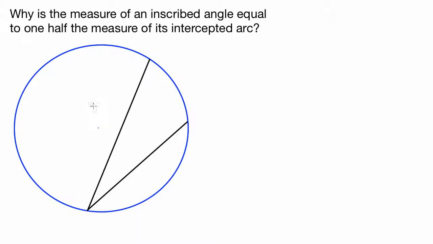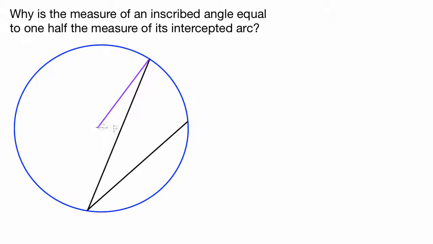So let's think about that. If we're comparing it to the central angle, what might make the most sense is to draw the central angle, so we can see what we're dealing with. So I will go from the center to here.